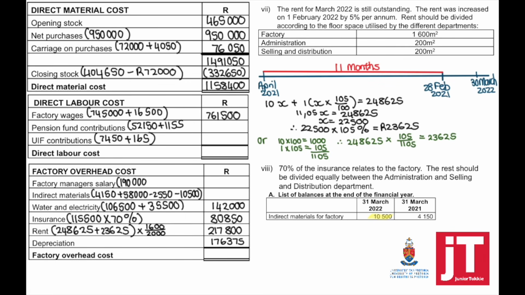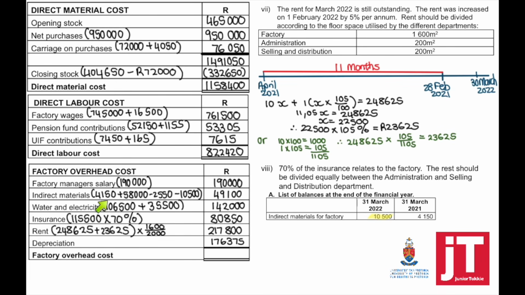My total factory wages, just add those two together, plus pension fund contribution plus UIF contributions equals direct labor cost. Factory overhead cost, the factory manager's salary, there were no adjustment, so that equals the total at the end.